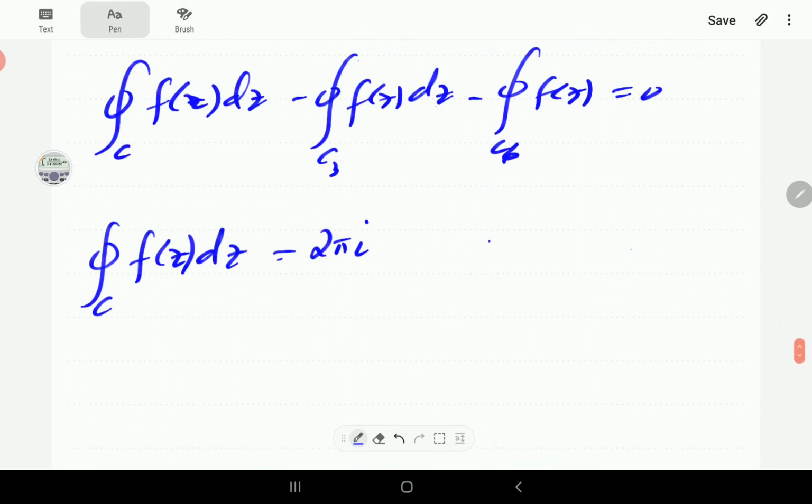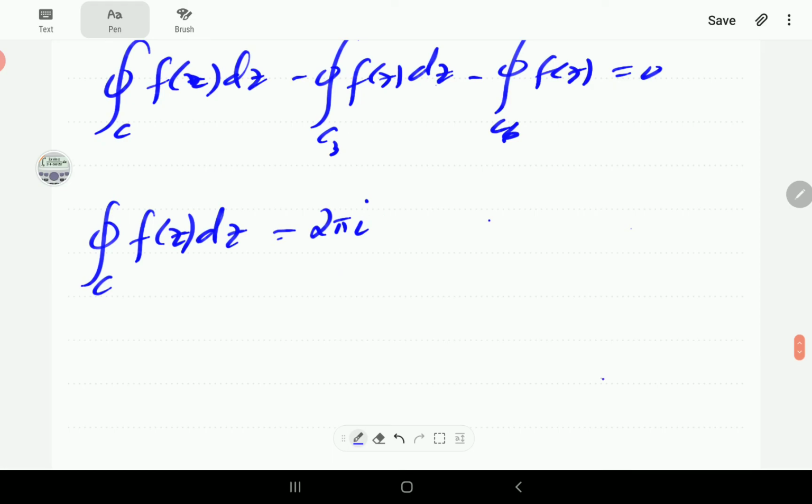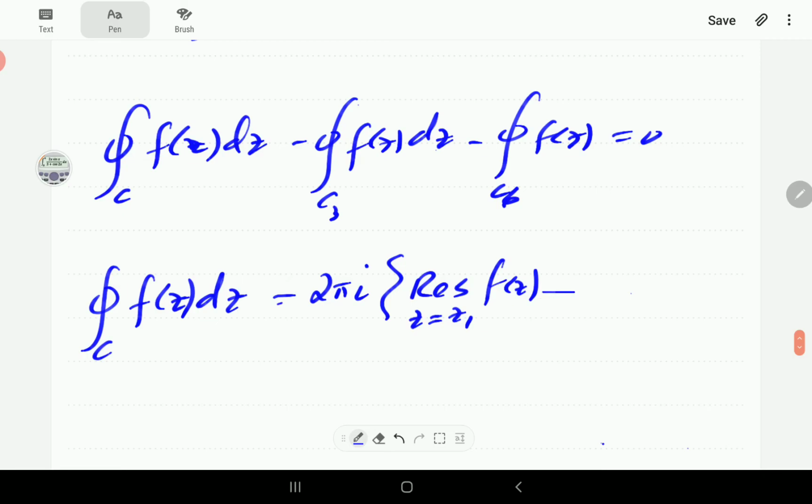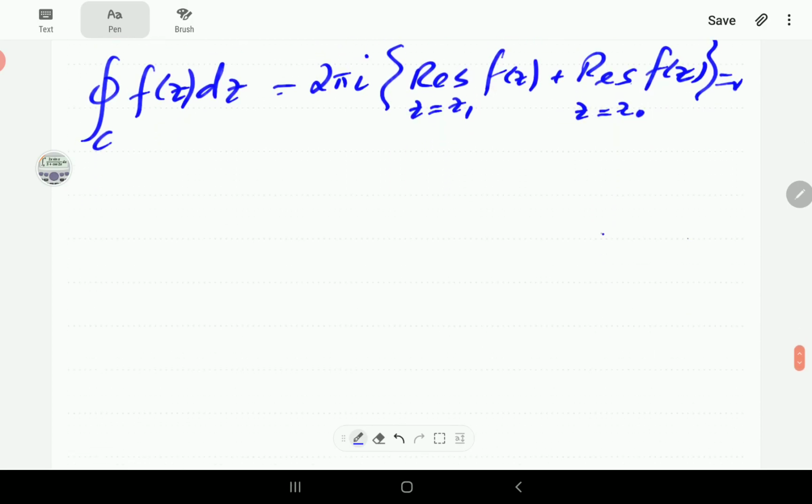So that's going to be the residue at Z1, residue at Z1 of f of z. But similarly, this one is just going to be 2 pi I times the residue of f of z at Z0. This is equal to 0.